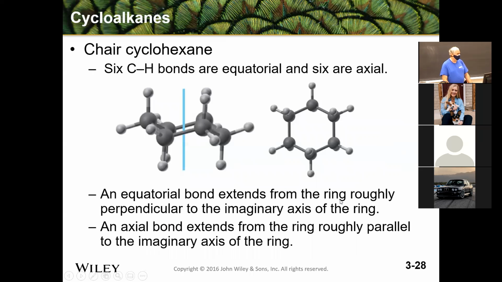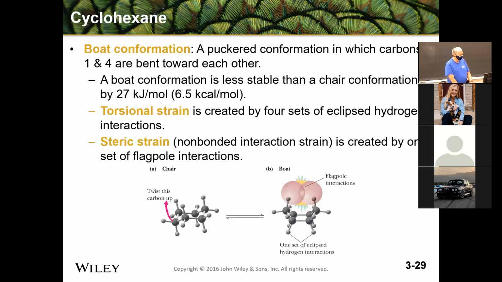Let me back up for a minute. In the chair, there is no angle strain, and there's very little torsional strain because the hydrogens are staggered. In the boat conformation, we have eclipsing of hydrogens, and we also have strain from these 2 flagpole hydrogens. Torsional strain is a bending force on this bond right here.